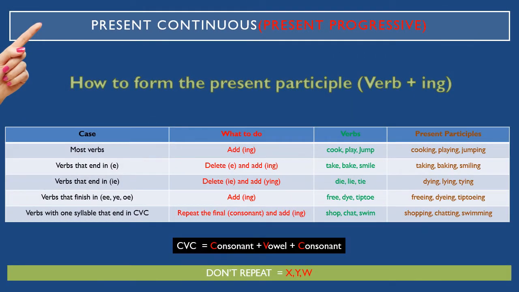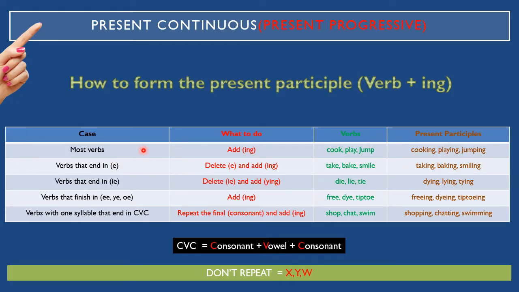Well guys, now you know that you need to use a verb with ing or a present participle. Now, sometimes you cannot just add ing because you need to make some changes to the verb before you add ing. So here we are going to see the different cases that we have, what to do in those cases, and here we are going to see some examples.